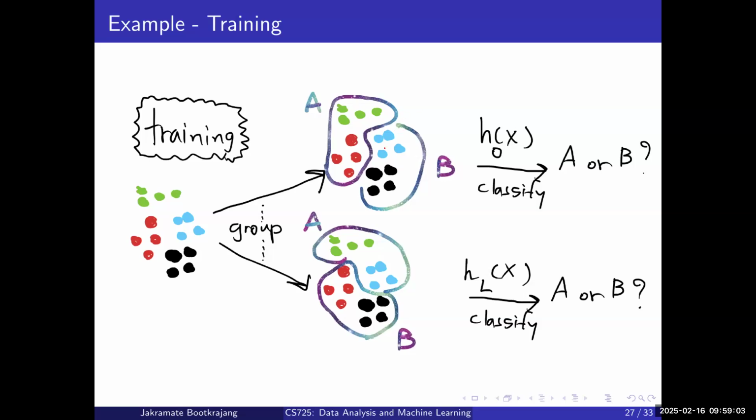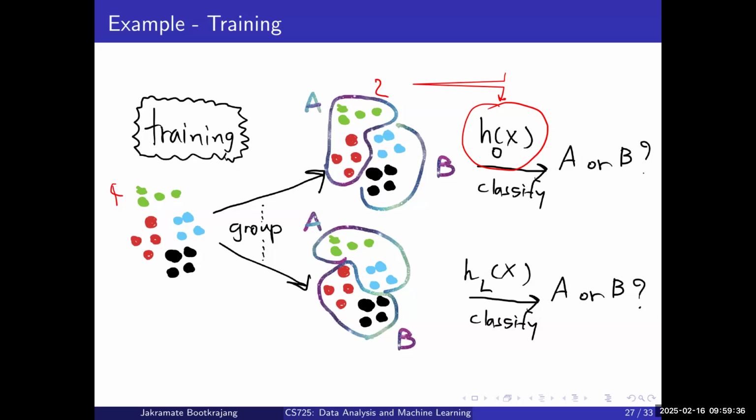And then we have the blue and the black together to be a group B. And then we train this classifier based on 2 groups. So before we have 4 classes, but now we have 2 classes. So we can use a binary classifier, right? And we love binary classifiers because it's only 2 things, right? It's very simple.